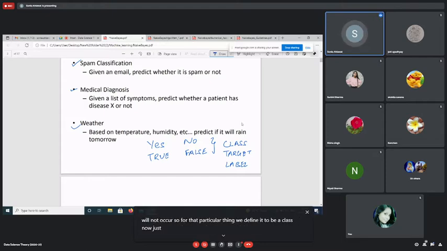Now just understand, we have two different types of data set. Categorical and continuous. Continuous is basically in the numerical form. ठीक है?